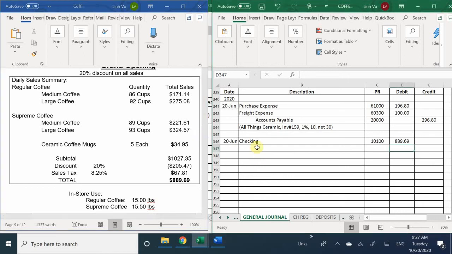We're going to do sales discount. Okay. For how much? And then we're gonna credit for our sales of sales regular medium coffee.